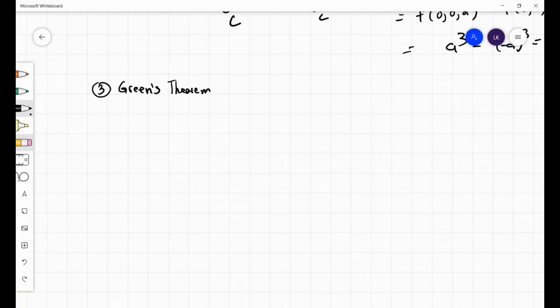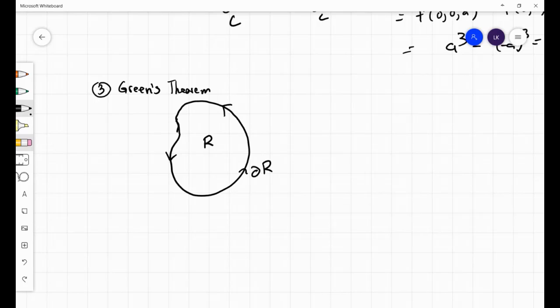Okay, so this is where you have a region in the plane, and then you have a bounding curve enclosing that region. So let's call that boundary of R. And this boundary has a counterclockwise orientation. So that's going to be important.